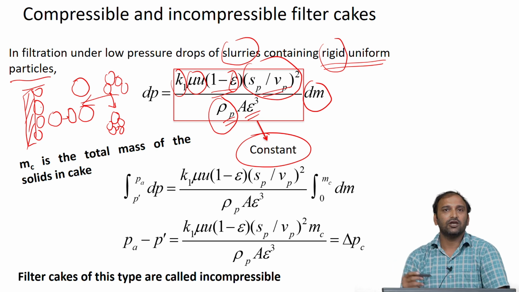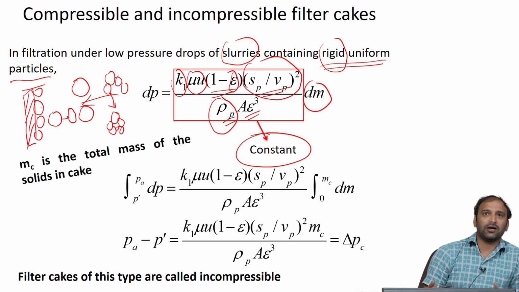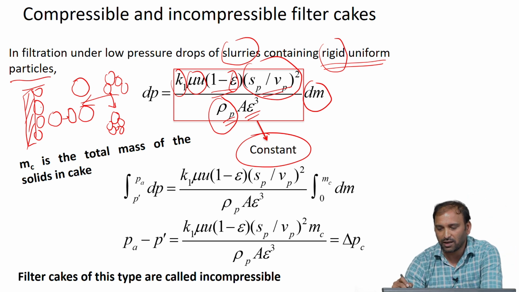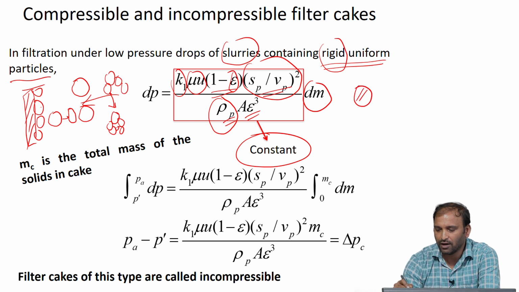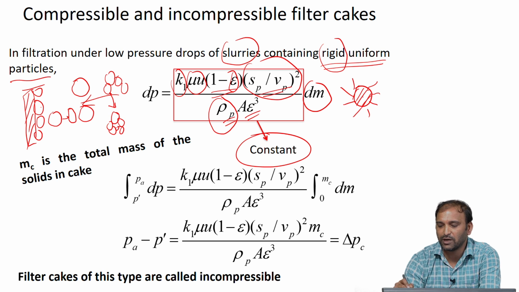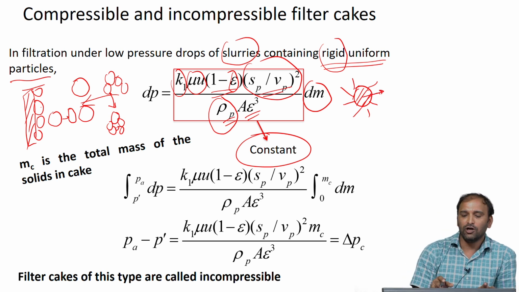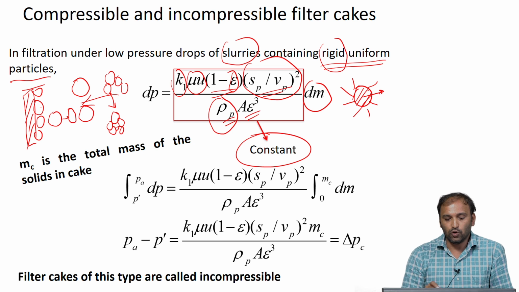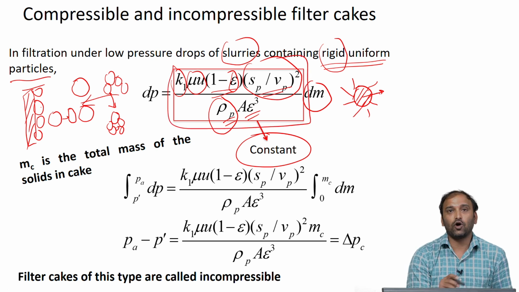However, if you are working with something like microgel particles, in such cases your rho p itself will not be a constant. Microgel particles are particles where you have a rigid core plus some hairy brush kind of a thing. There could be spatial variation of density. So therefore there are cases where you need not have the prefactor constant.